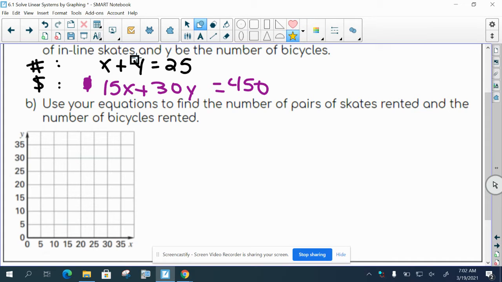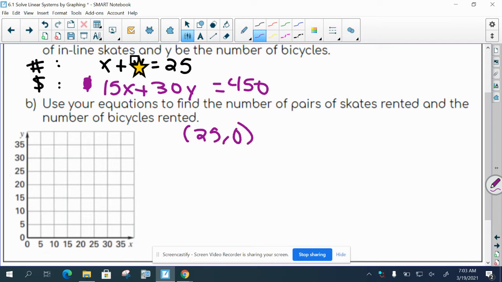Here the x-intercept would be 25, so you'd have (25, 0). If you cover up the x, you get y equals 25, so the y-intercept is (0, 25). To graph this equation, we plot those two points and draw a straight line through them.